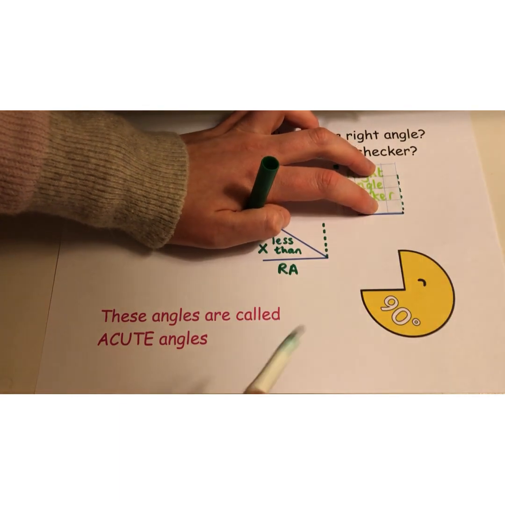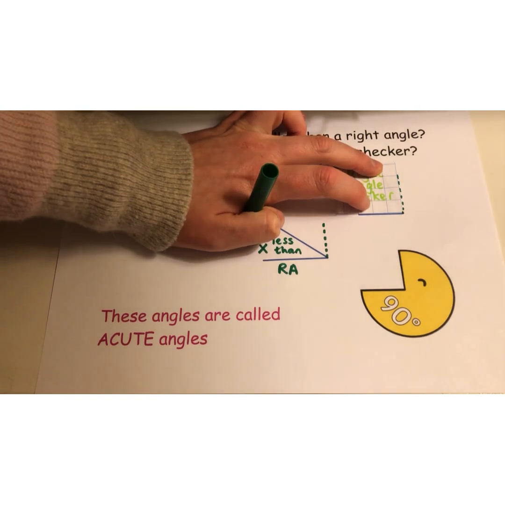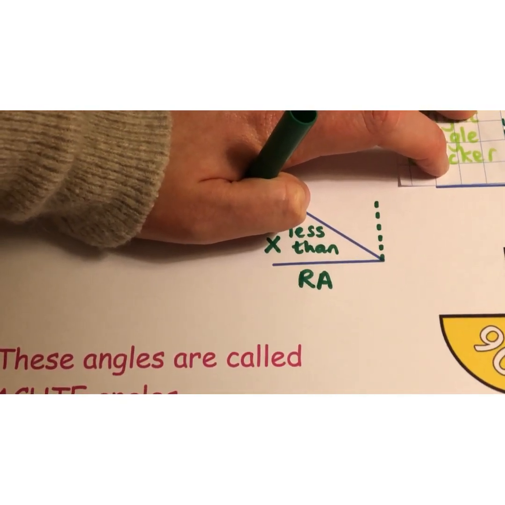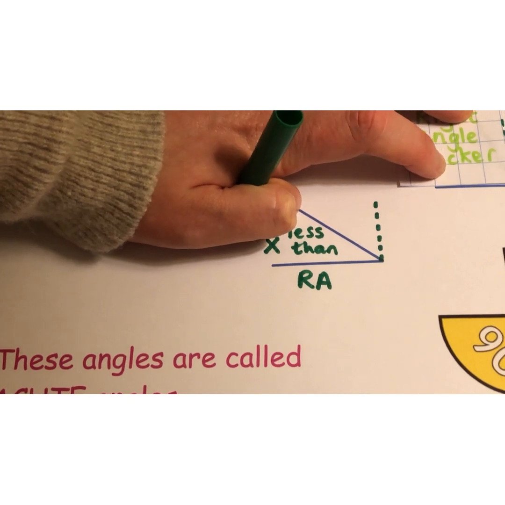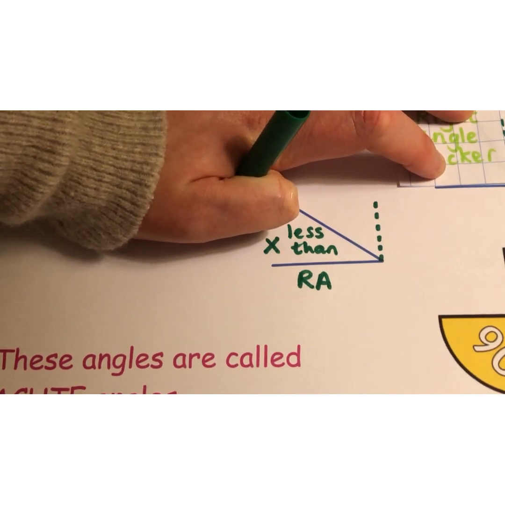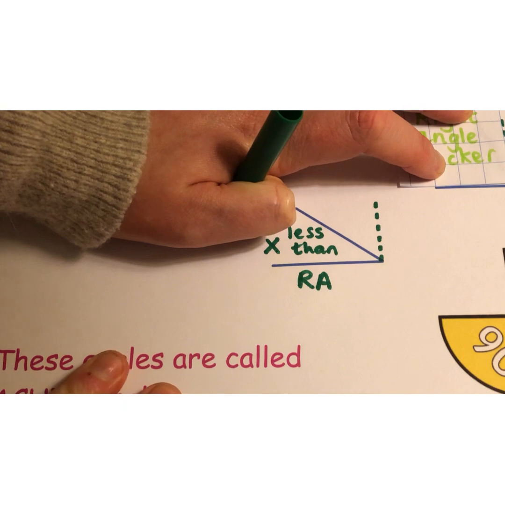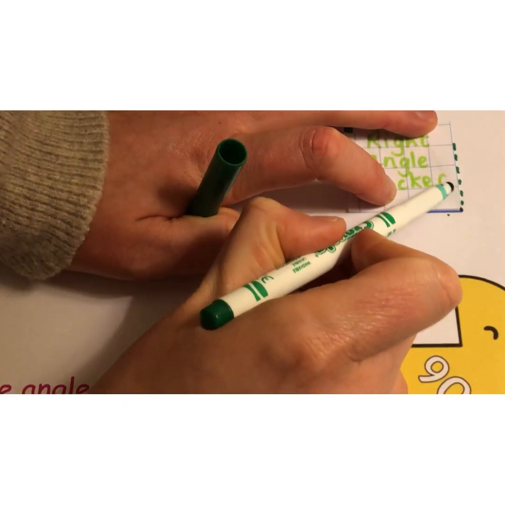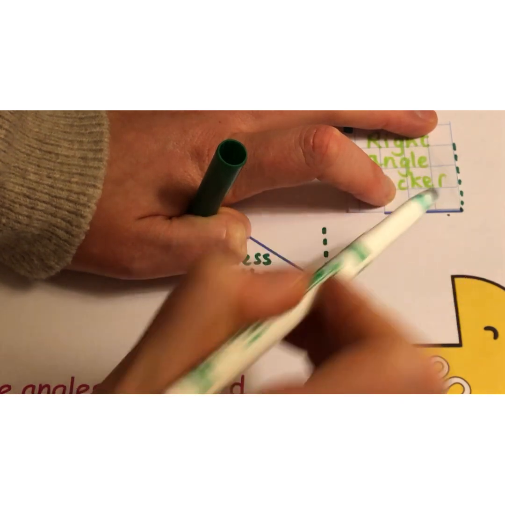I'm going to pencil it in so that we can see. If I zoom in a little bit closer, you might be able to see the line of the angle just up here. So it's just there. You can see it slightly through the paper.